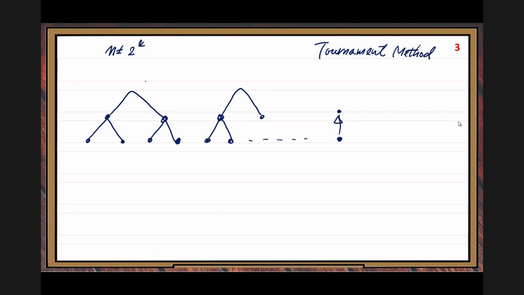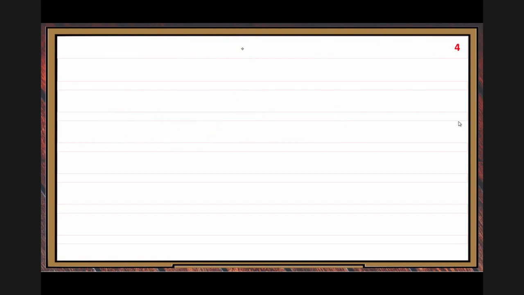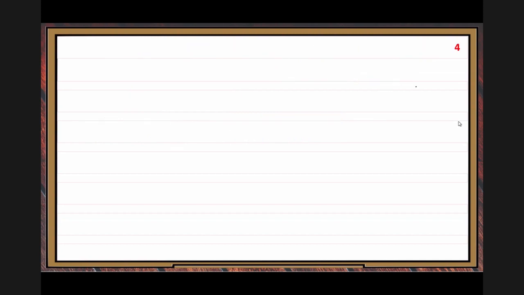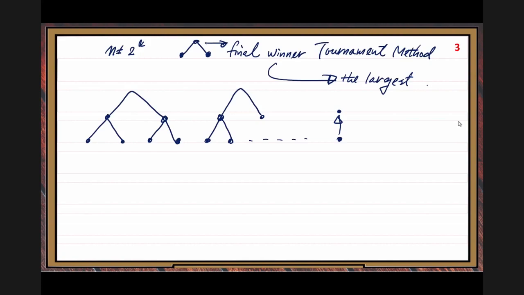Then there is a final round, with only 2 players left. So you get a final winner. Can we interpret this final winner as the largest element in the array?